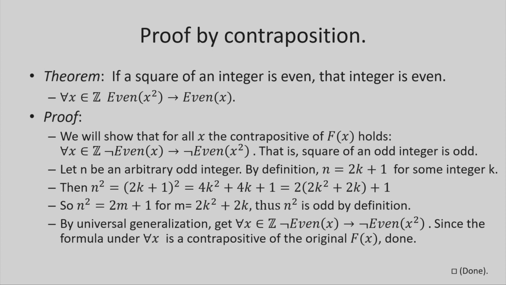And we could write it in the form 2 times something plus 1, which, as we've seen before, means that we got an odd number. So we started assuming that n is an odd number, and we showed with just a few calculations that its square is an odd number. So the square of an odd number is odd, which means that the only way the square of a number can be even is if the original number was even. And we get the statement by universal generalization.